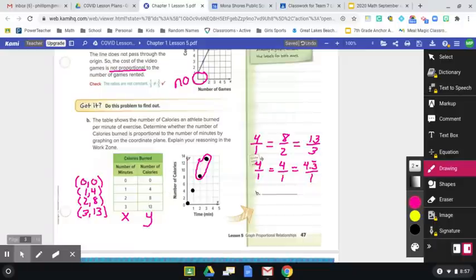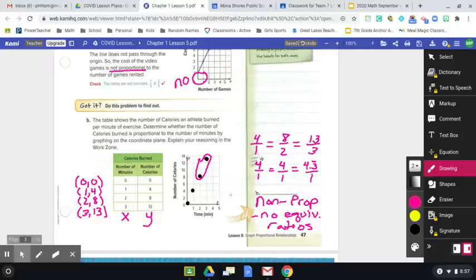So this is considered a non-proportional relationship, non-prop. And if you're giving an explanation, you can just say no equivalent ratios. Okay, so that was a little tricky, but again, you get to check two ways. You can check in the graph and you can check in the table.